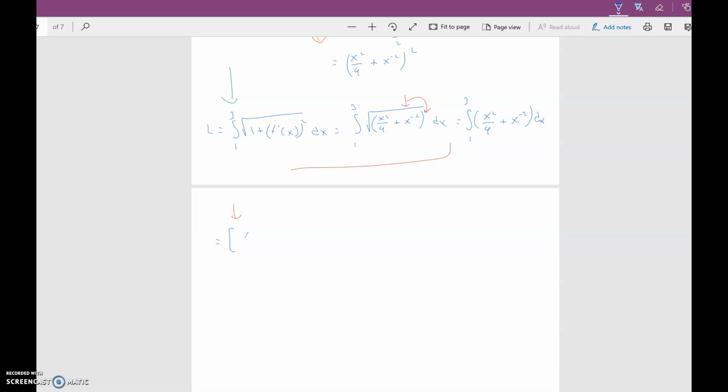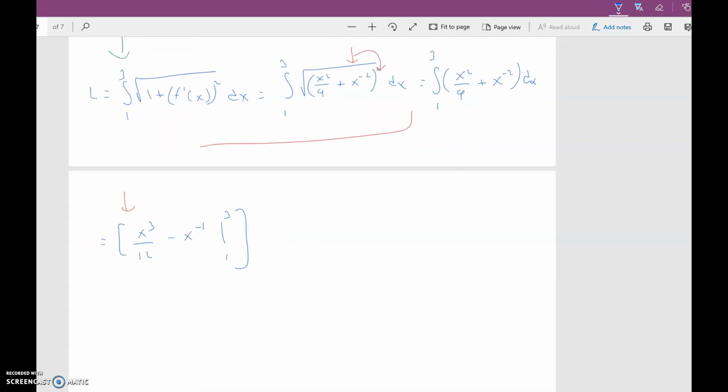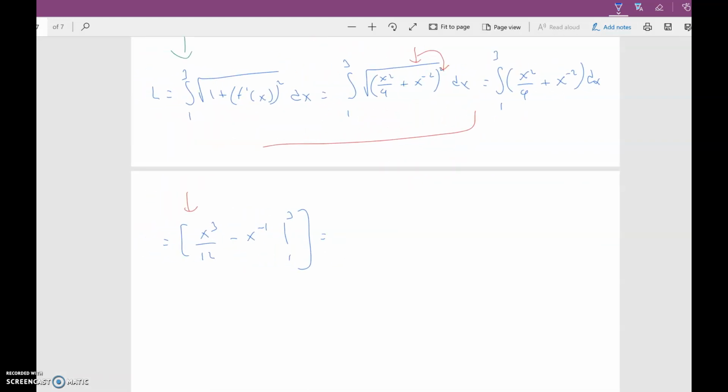And then we're looking at the following from here. The first one is going to be x to the third divided by 12, and then a minus x to the negative 1 because we're adding 1. Then we're evaluating from 1 to 3, which is going to be 3 to the third over 12 minus 3 to the negative 1, minus 1/12 minus 1.